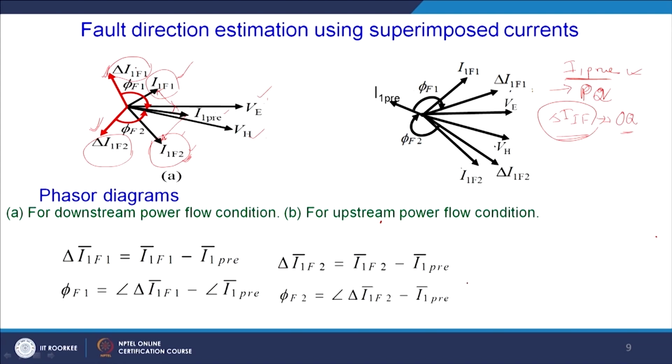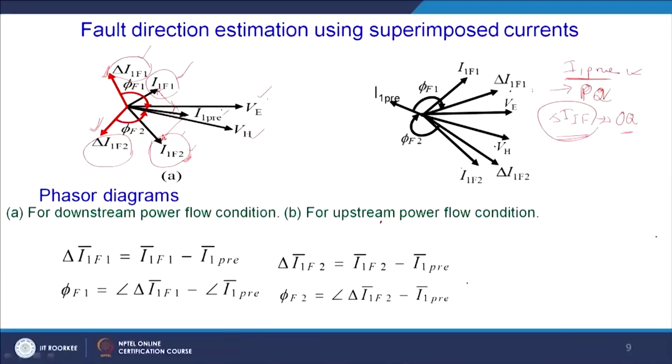This I1 pre and delta I1 F: this delta I1 F is leading I1 pre, because in phasors we always measure in the anti-clockwise direction, not the clockwise direction. That is why this delta I1 F is leading with respect to I1 pre, and the angle between these two, which I have written here as phi F1, is the angle of delta I1 F minus I1 pre.